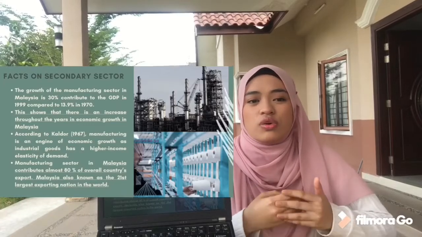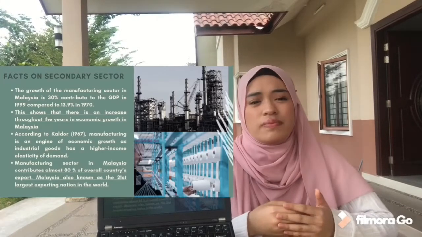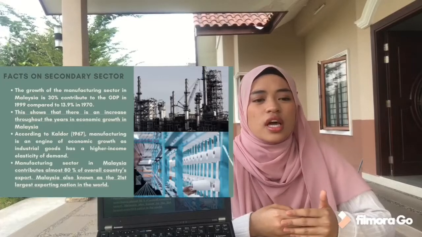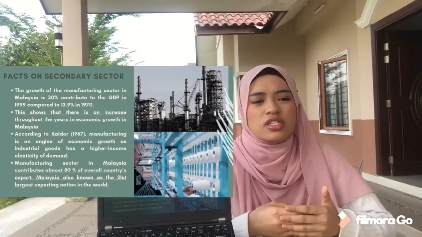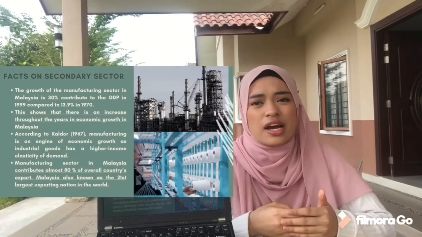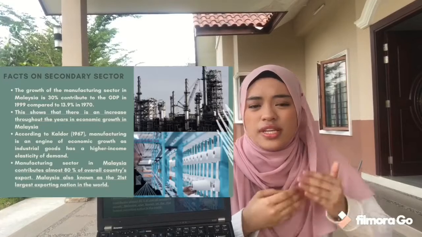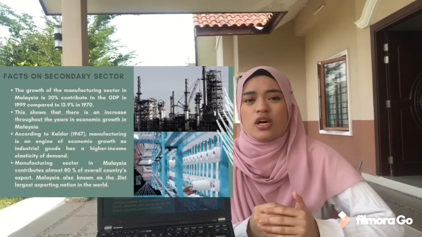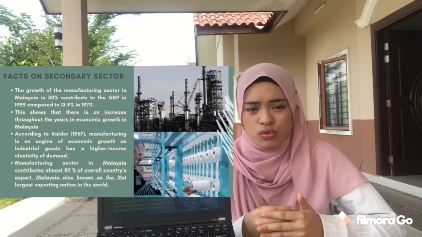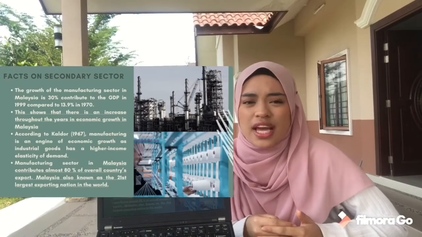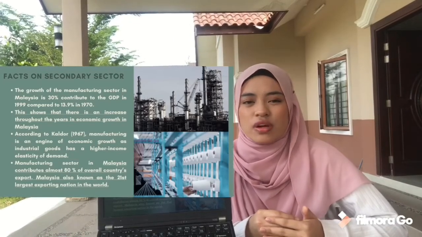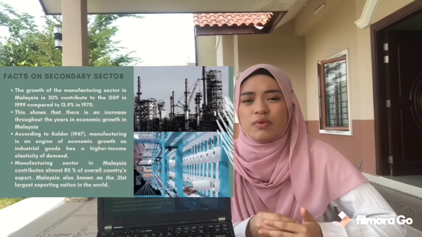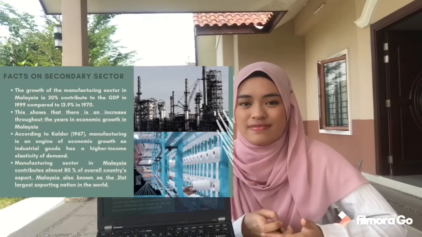And according to Kaldor, from 1967, manufacturing is the engine of economic growth as industrial goods have higher income elasticity of demand. The manufacturing sector in Malaysia also contributes almost 80% of the country's overall export, and Malaysia is known as the 21st largest exporting nation in the world.